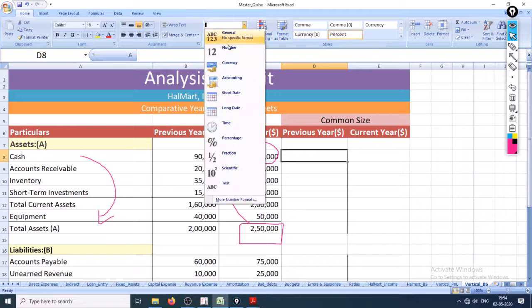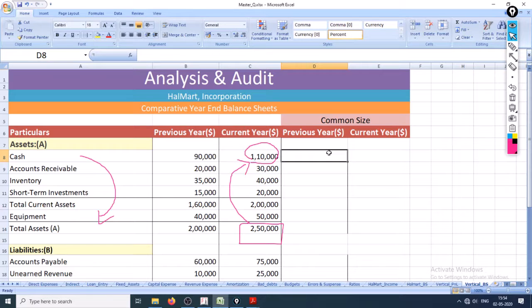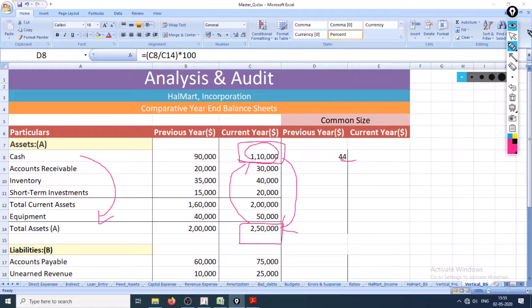Let's apply the formula. Let it be equal to this divided by the total that we want to find out of, into 100. Hence 44%. This is a sign of a good company because cash and cash equivalent is 44% of the total assets.